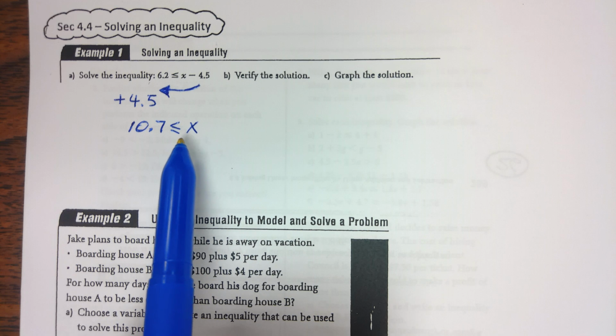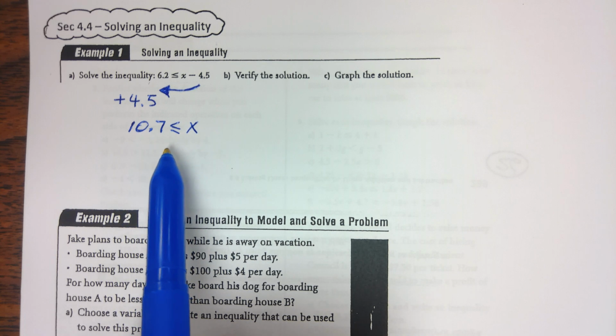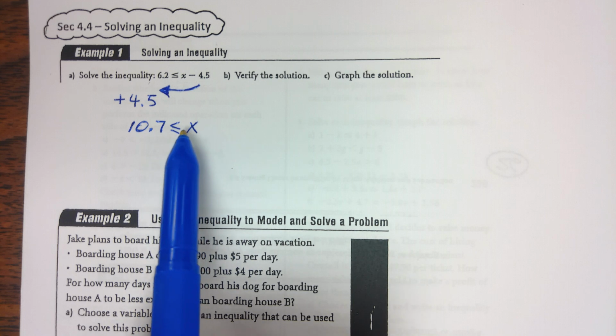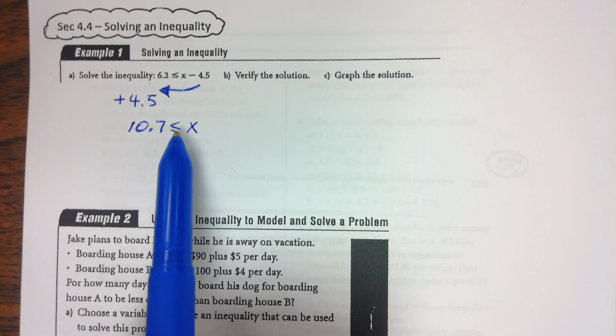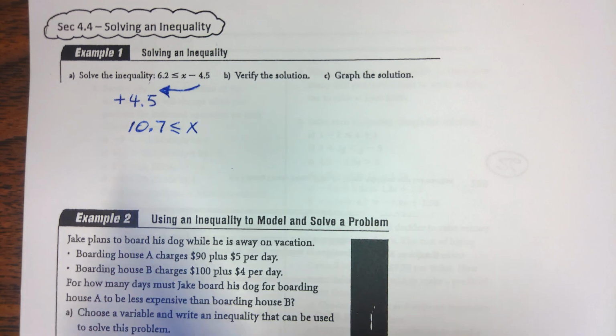They're not equal. How many solutions do I have here? An infinite number of solutions. Whereas if it's x equals 10.7, I only have one solution. Alright, so that's the difference between inequalities.